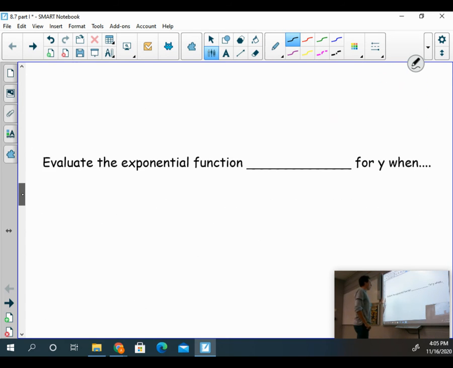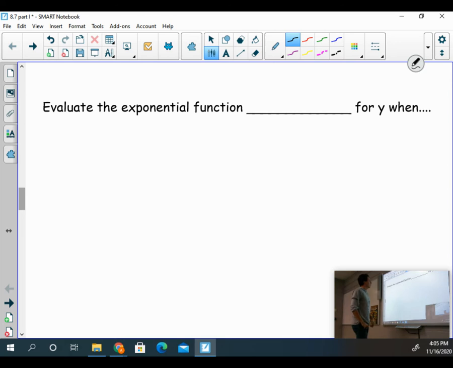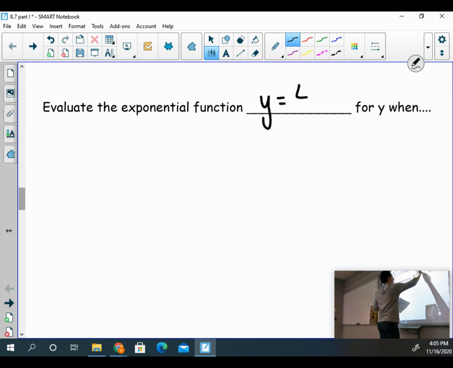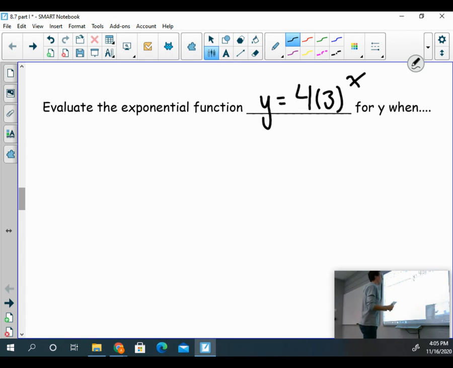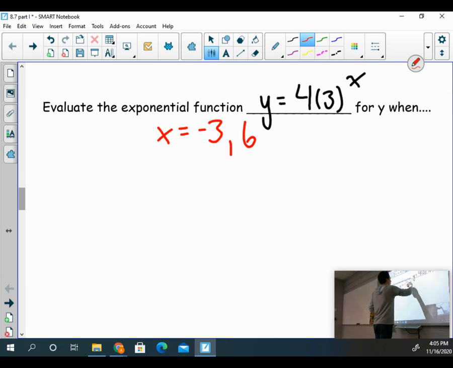So let's learn to solve some problems with it. We want to evaluate the exponential function y equals 4 times 3 to the x for y when x equals -3 and 6.